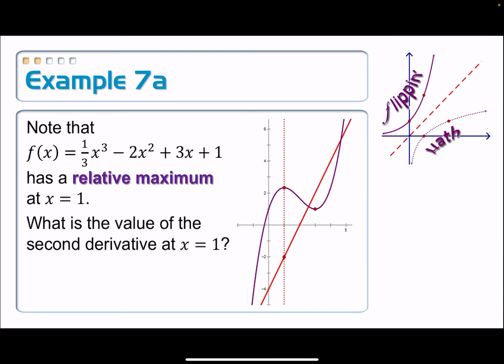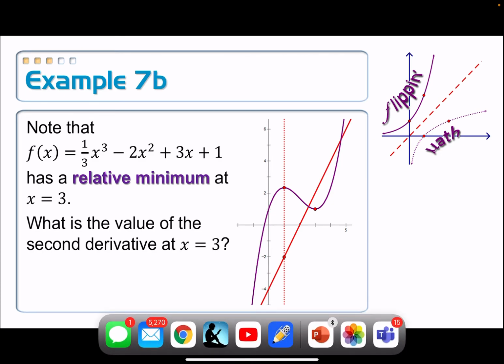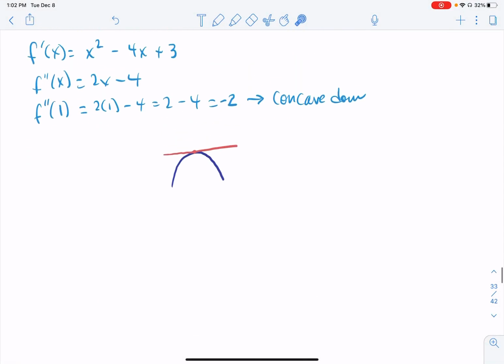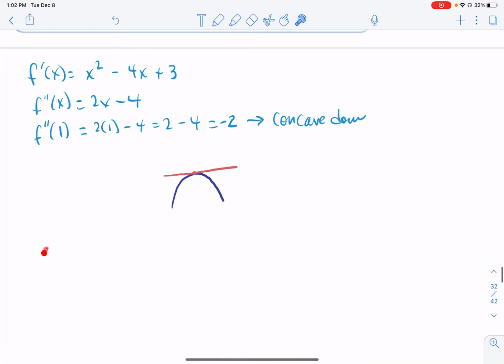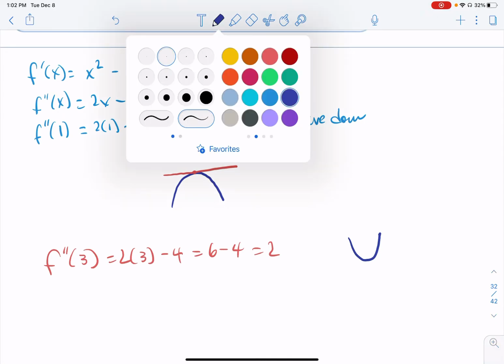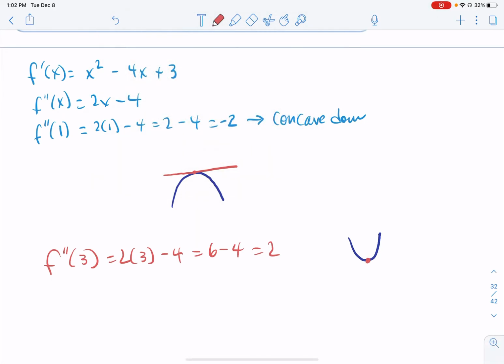Let's see the same thing happen over here at the relative minimum at 3. So we already found the second derivative, piece of cake, and we want to plug in, this time, 3. So f double prime of 3, 2 times 3 minus 4, 6 minus 4, this time is equal to 2. So this time we have a shape that's concave up because the second derivative is positive around our horizontal tangent line.